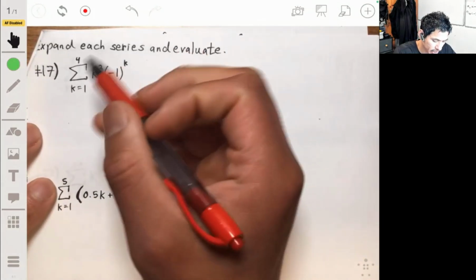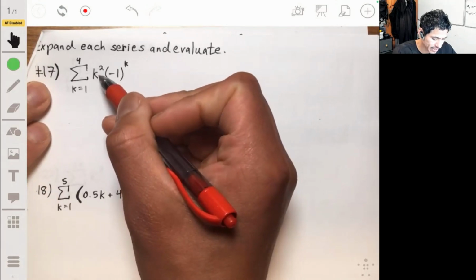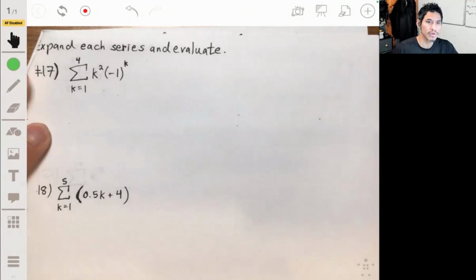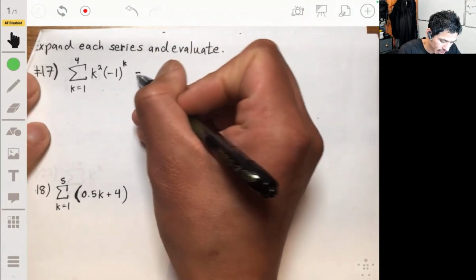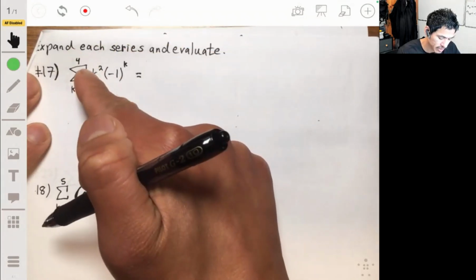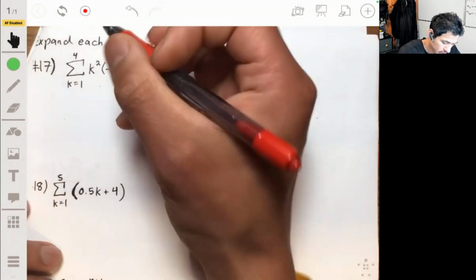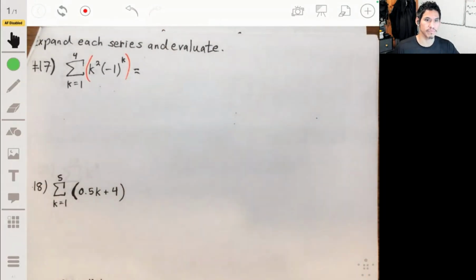The first one is the series where each term is equal to k squared times -1 to the k power. The idea here is to understand the notation. What this is saying is to add up the first 4 terms, a1, a2, a3, and a4. And this, in the red parentheses, tells you how to generate each term.